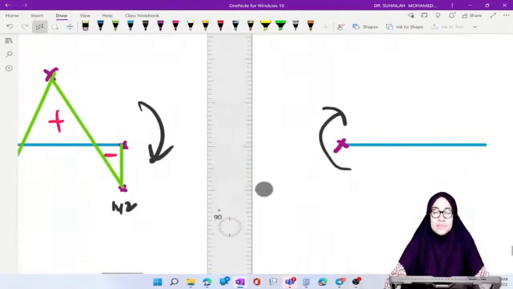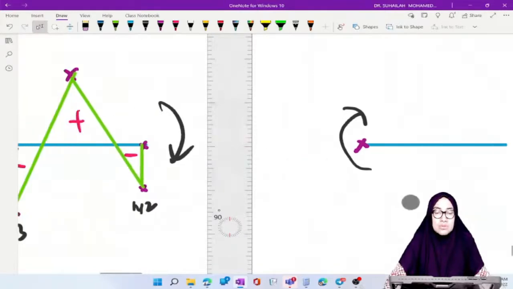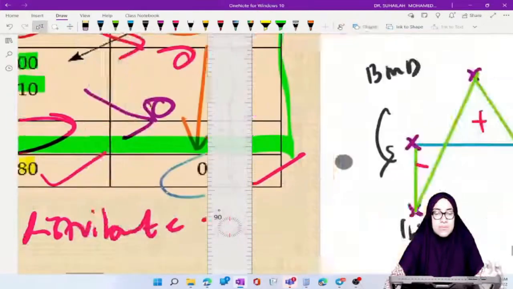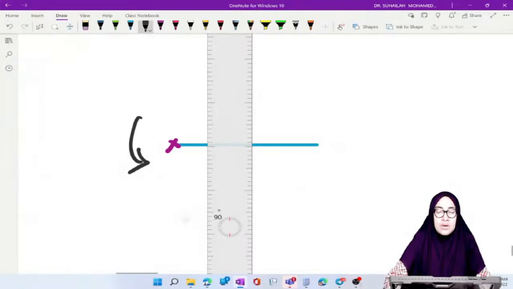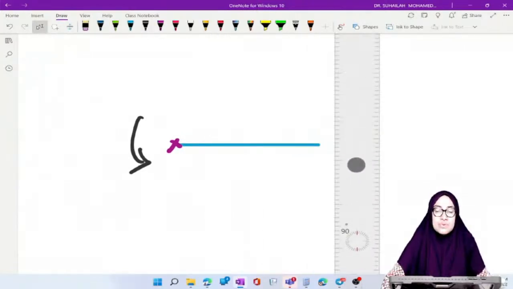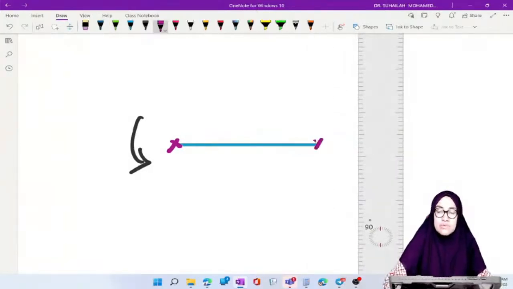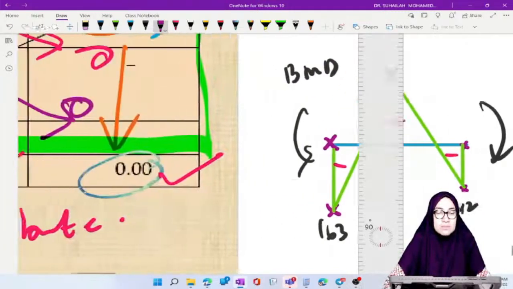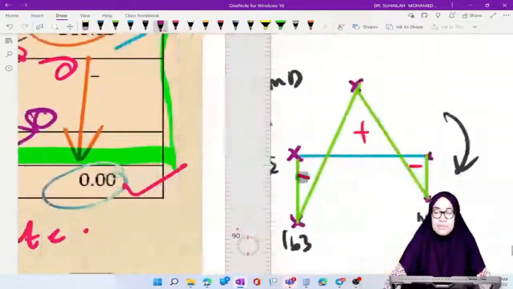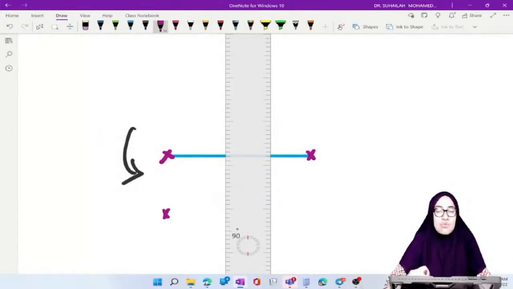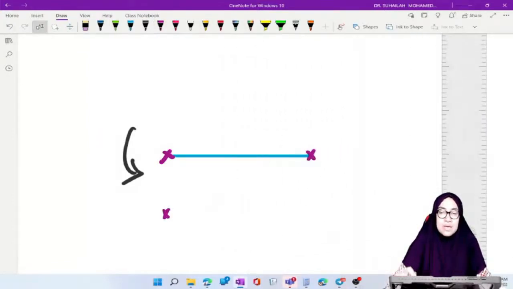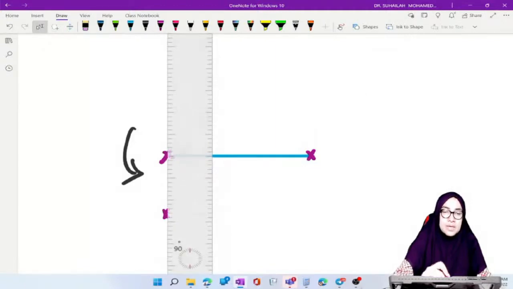Move to this. It is negative, so negative is in this direction. Of course for UDL, the last point is 0 because of the roller. It is negative, so the point is located somewhere here, like this.